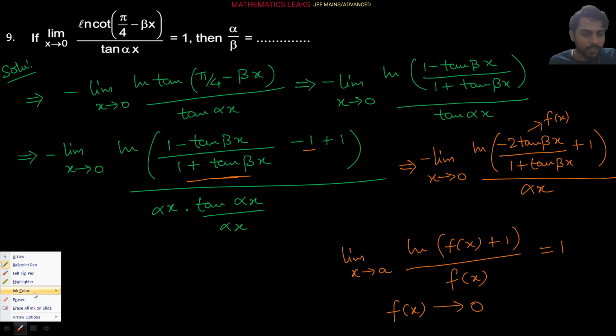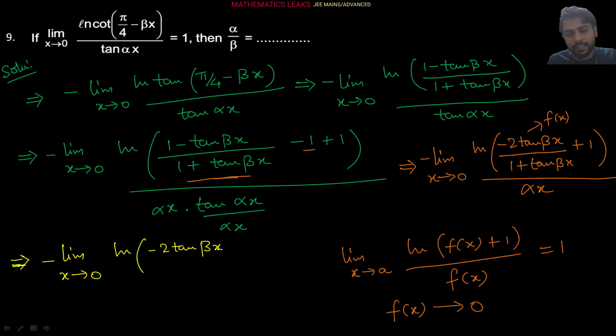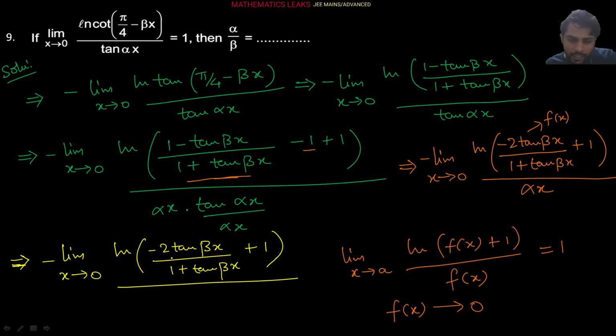So meaning to say, minus of limit x tends to 0, ln of minus of 2 tangent of beta x upon 1 plus tangent of beta x, plus 1, upon this quantity.